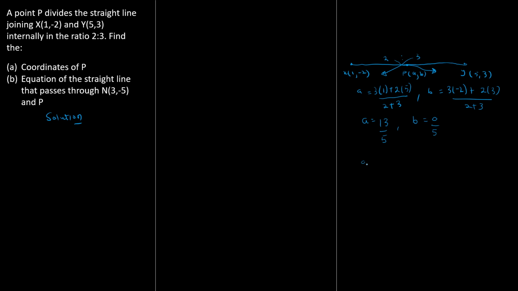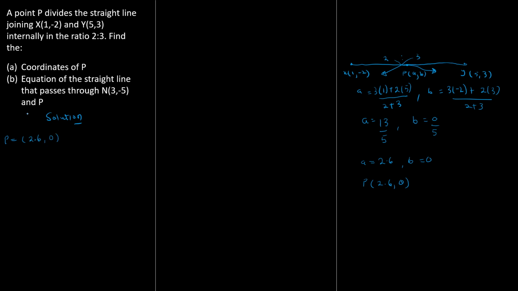So we have A equal to 2.6 when I change this to decimal, and B equal to 0. So point P has coordinates of 2.6 and 0. That is it. This is our side work. So I can list that P is equal to 2.6 and 0.